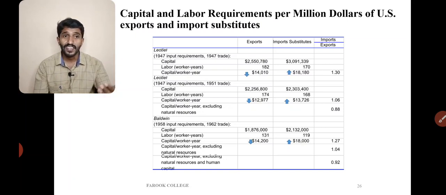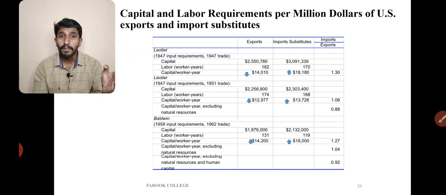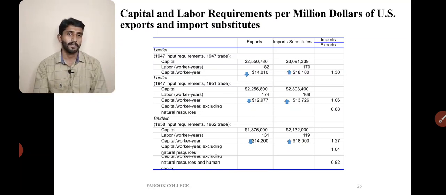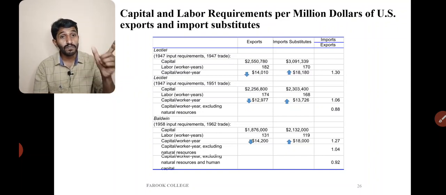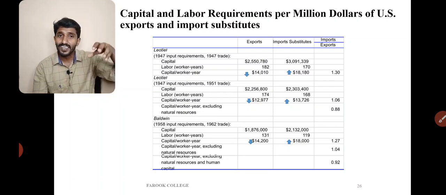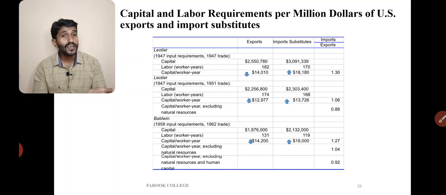It means that the import substitutes are more capital intensive than exports. Why did he take import substitutes? Because he actually wanted to take imports, but he didn't get the data of imports. That's why he took the data of import substitutes. So he found out that the import substitutes are more capital intensive than exports.